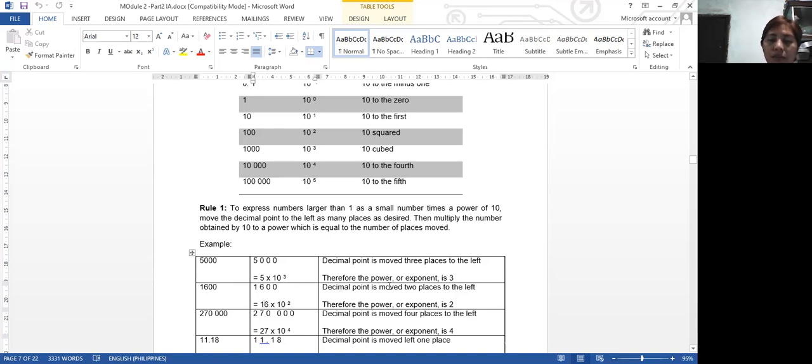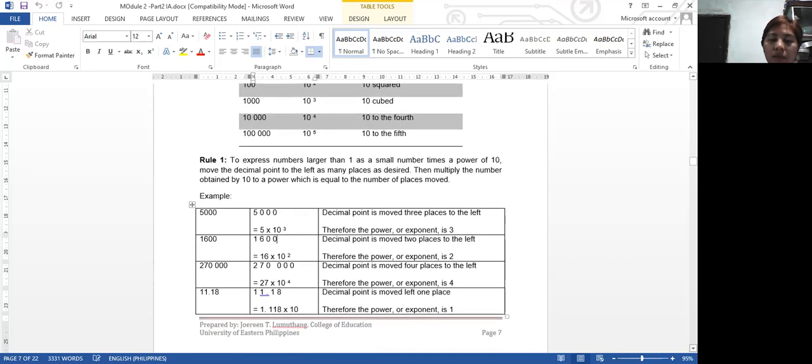So the decimal point is moved 2 places to the left because again, we use 16. The counting will stop here. So again, where's the decimal point? It's here. So we'll just have to count to where it will stop. 1, 2. So that's why it's 10 squared.